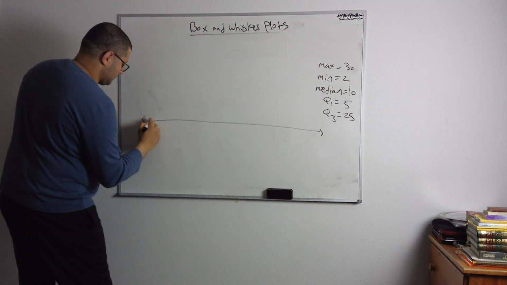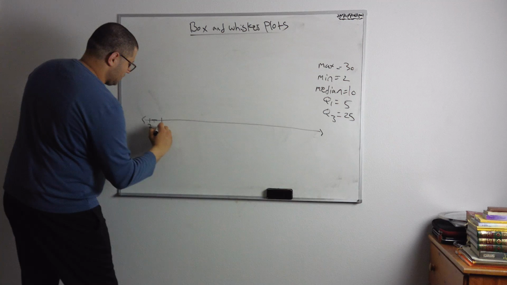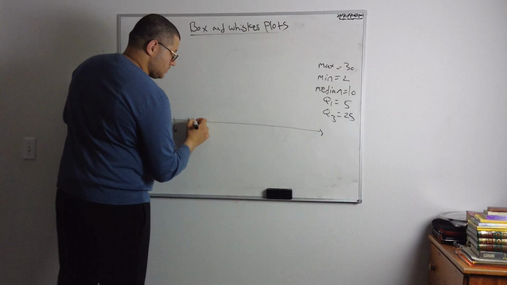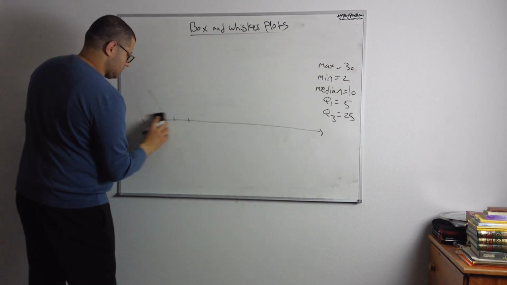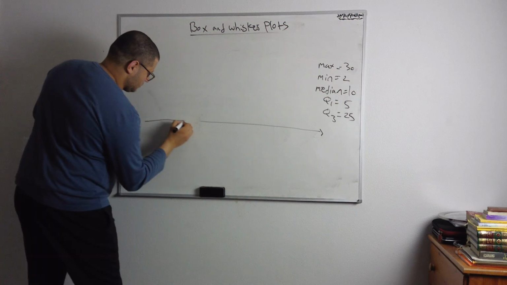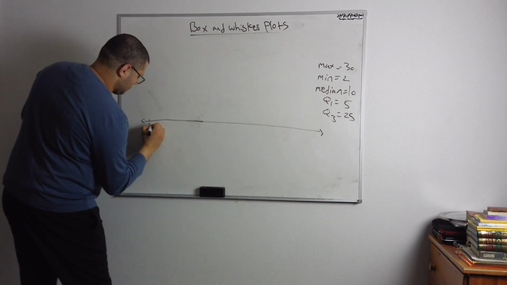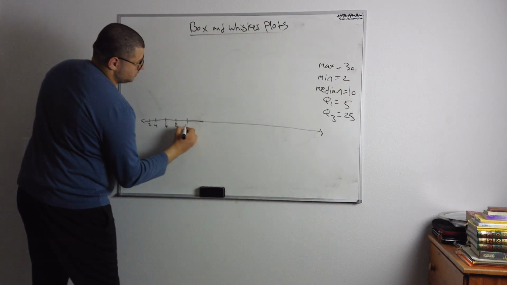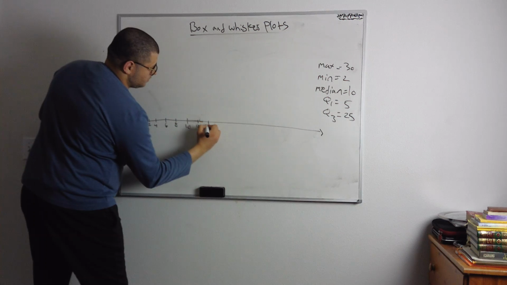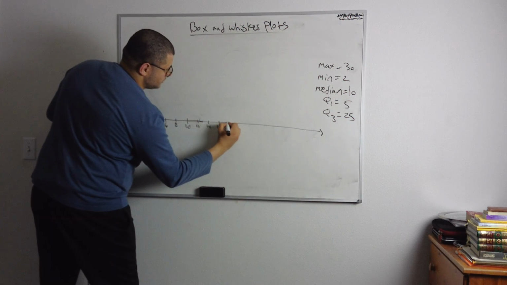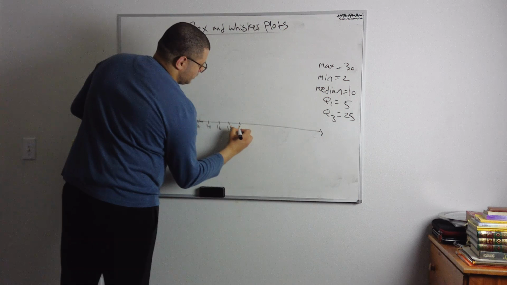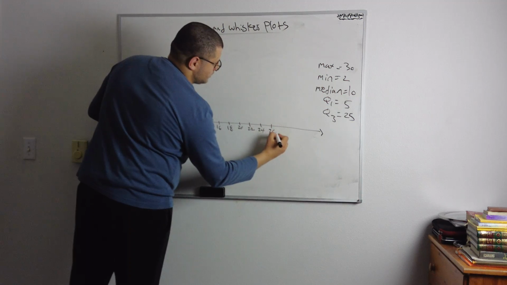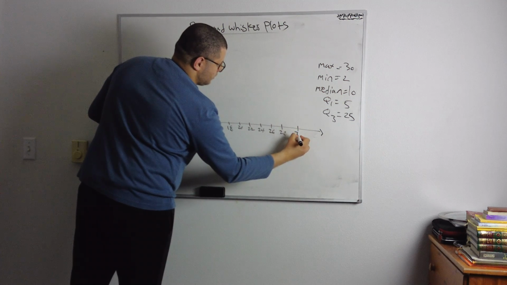Okay. We have 2, 4, 6, 8, and then continuing along the number line up to 28, and then the 30 at the end.